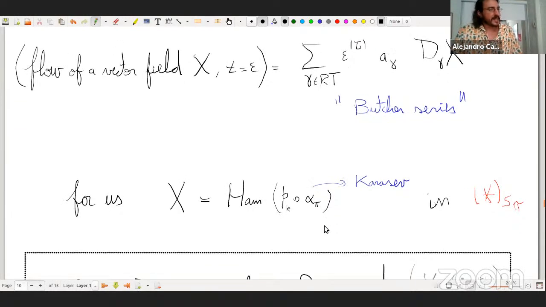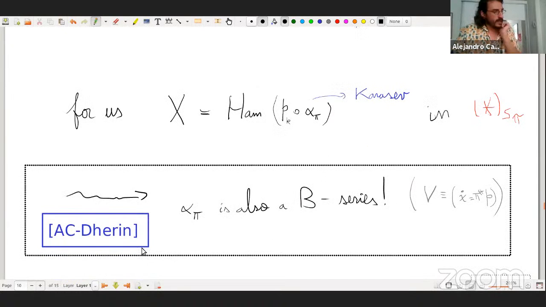And here a key ingredient is an earlier work that we had with Benoit Derain, in which we found that this source map, which was also defined by an integral, is also a Butcher series. Not for this particular vector field, but for another vector field, which is again our favorite differential equation by now, that transforms infinitesimal arrows into finite arrows.